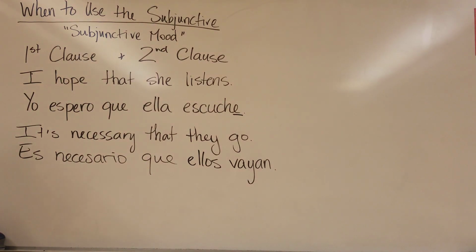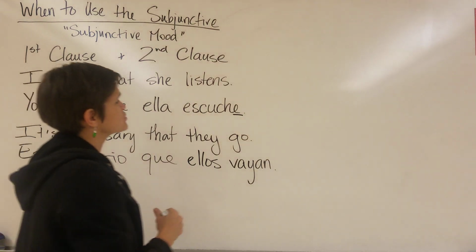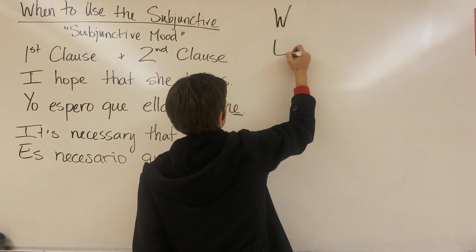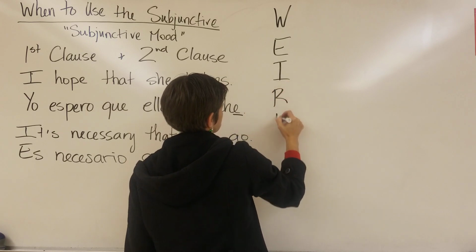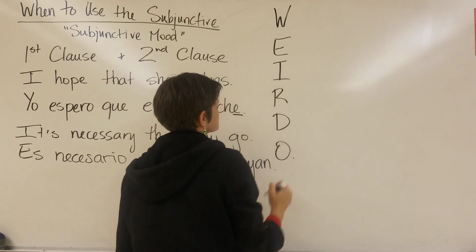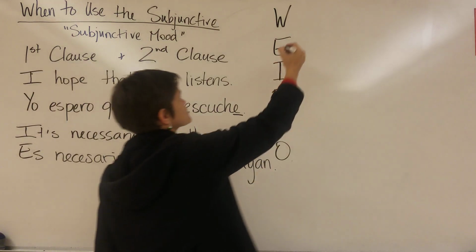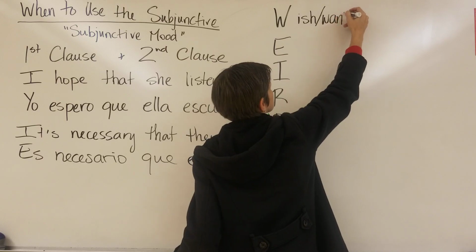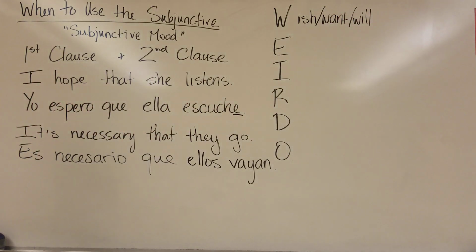When we use this, there's a little acronym that we can use to help us remember when to use the subjunctive. And that acronym is WEIRDO. Okay, so the W is for what you wish, or want, or will. You wish or want or will it to happen.